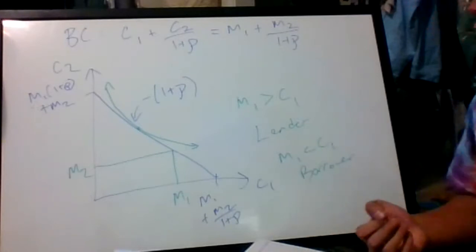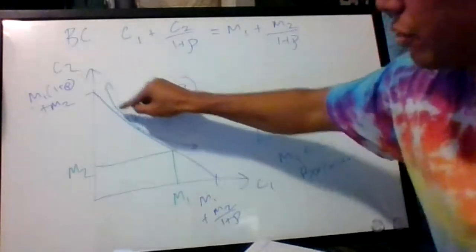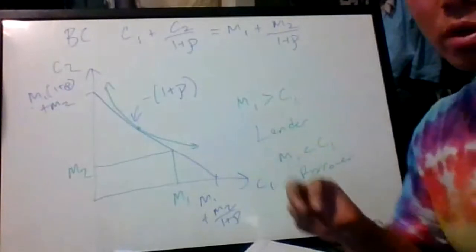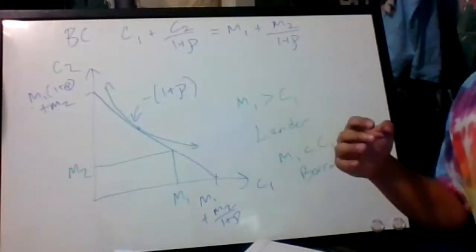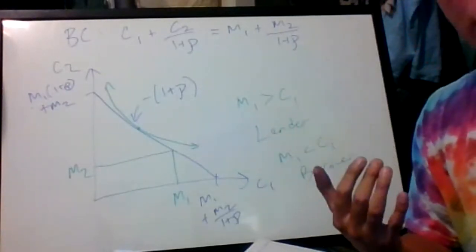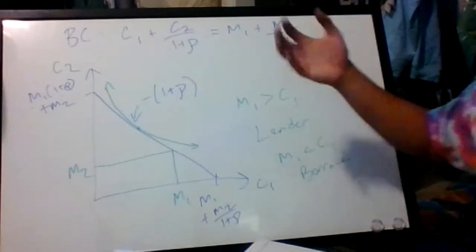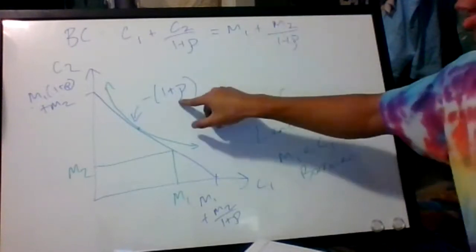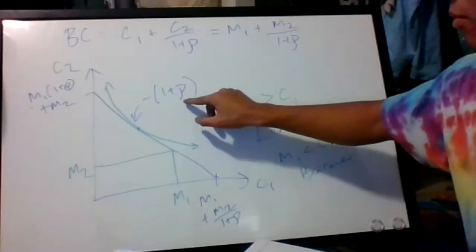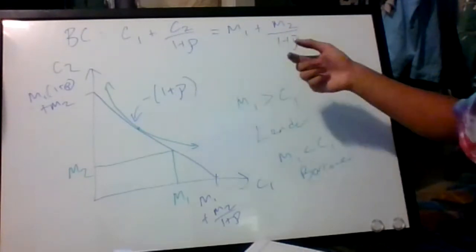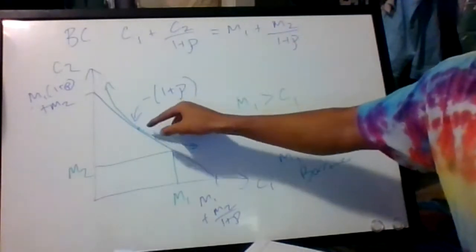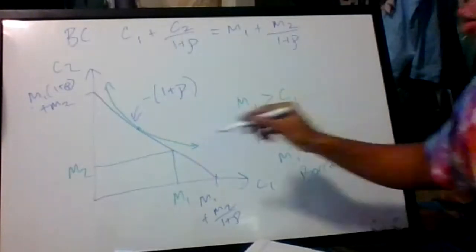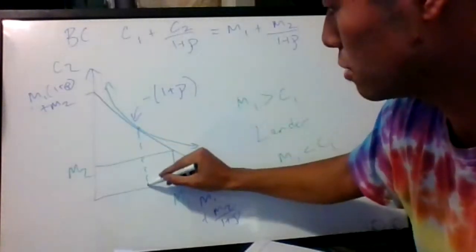Every point along this budget constraint is what we call affordable. And so like any other problem that we work through, we're going to find your MRS and set it equal to this price ratio, which is this rate right here. And we're going to find an optimal point, which is how much we're going to want to consume in each period.